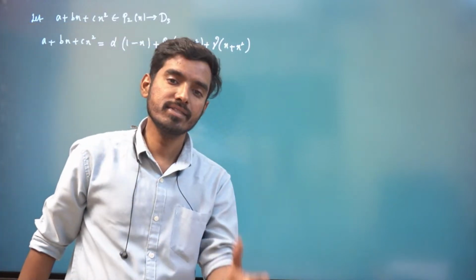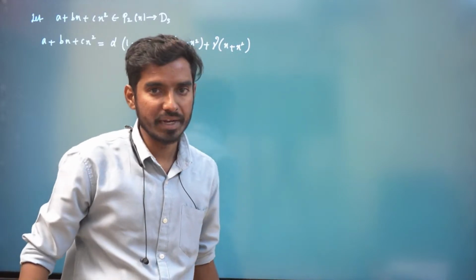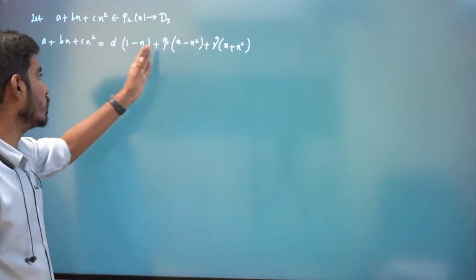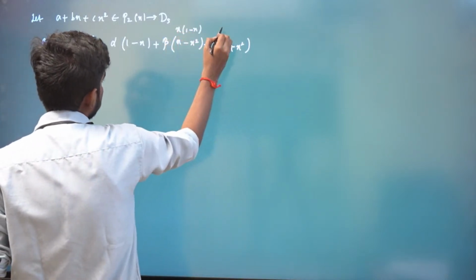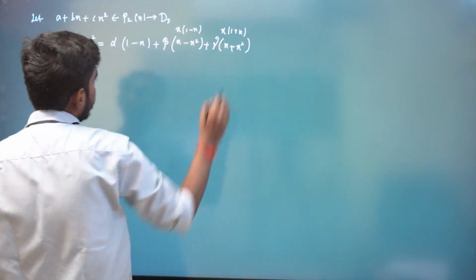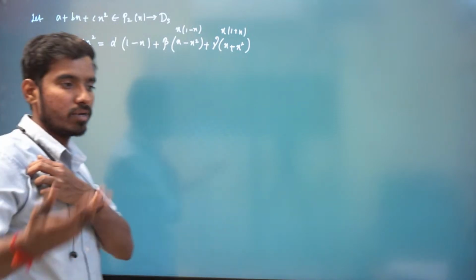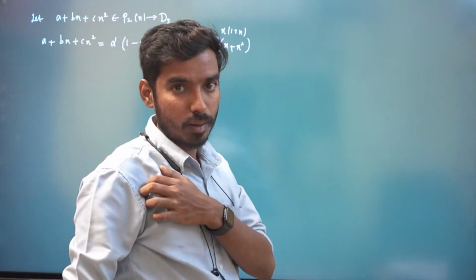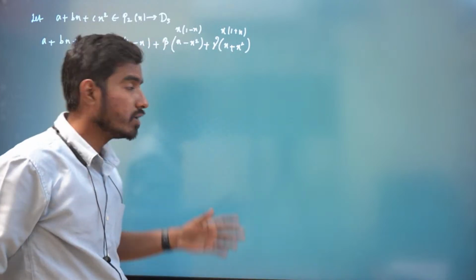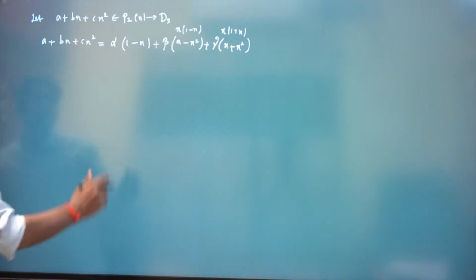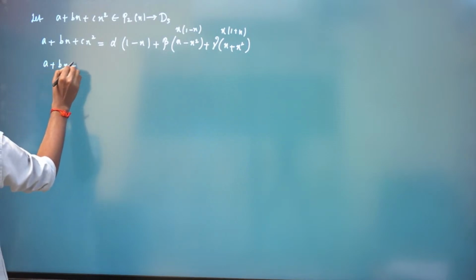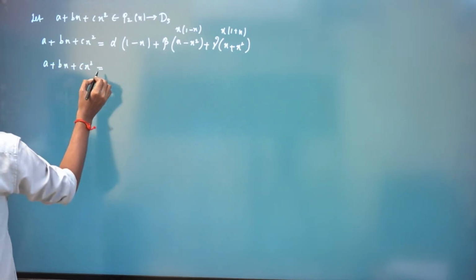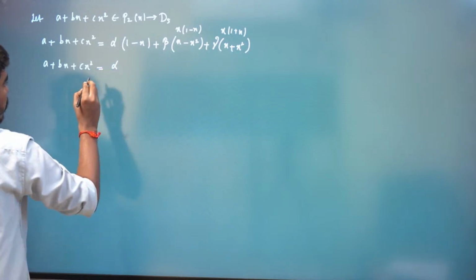That vector can be written as a linear combination of basis vectors of the domain space. The basis vectors of the domain space are 1 minus x, x times (1 minus x), and x times (1 plus x). Now solve for alpha, beta, gamma in terms of a, b, c. Then a plus bx plus cx squared equals alpha.